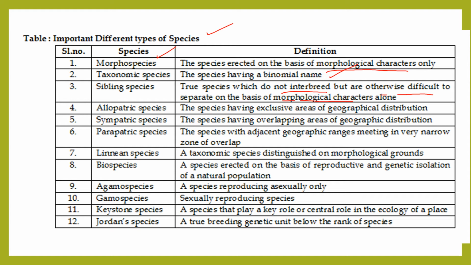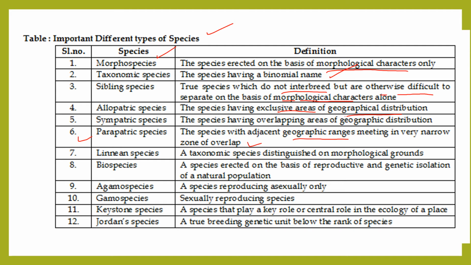Next is allopatric species. These species have exclusive areas of geographical distribution. Next is sympatric species. Sympatric species have overlapping areas of geographic distribution. Next, parapatric species: species with adjacent geographic ranges meeting in a very narrow zone of overlap.